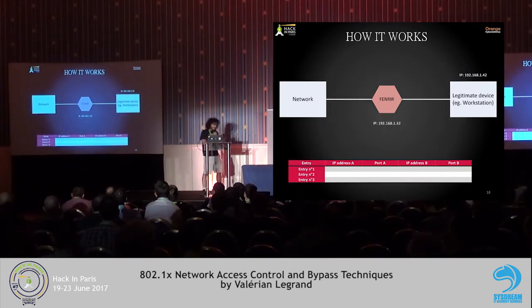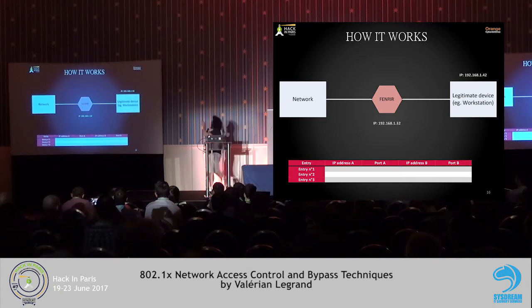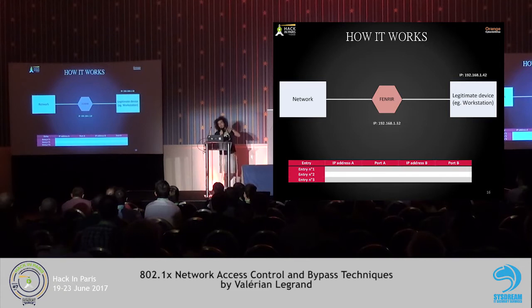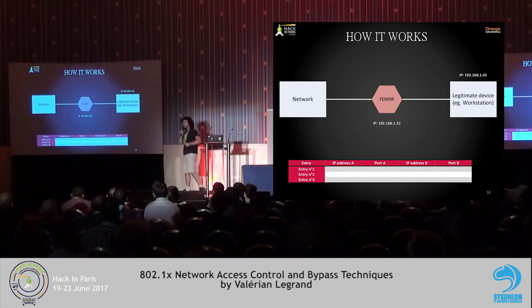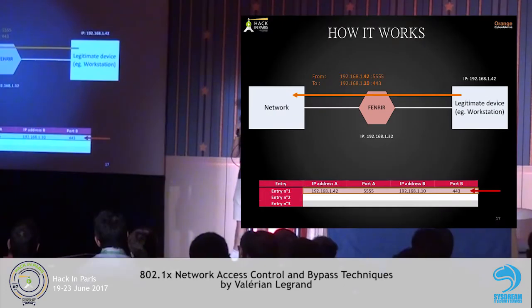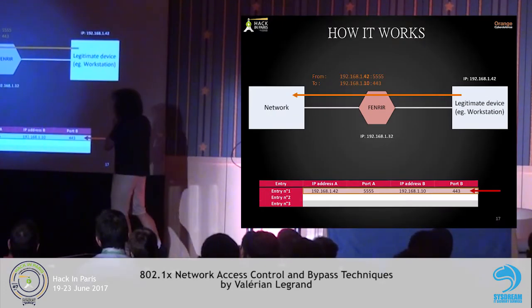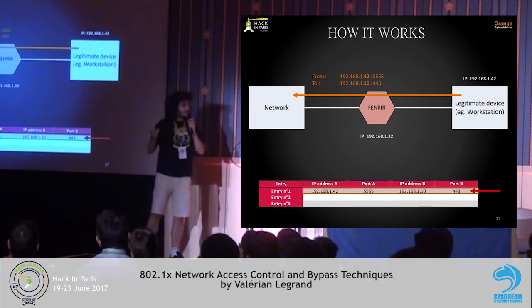So let's take an example that should be a bit clearer. We have the legitimate device on the right, the attacker's machine in between, as I told you. We just unplugged ourselves. The legitimate device has done its re-authentication. So we're good to go. And now the legitimate device sends a packet on the network. Fenrir will just let it go through as it's a legitimate packet.